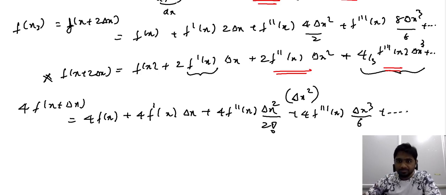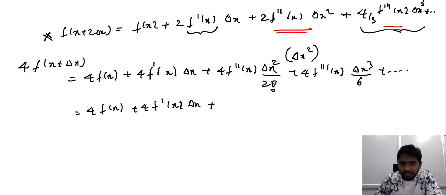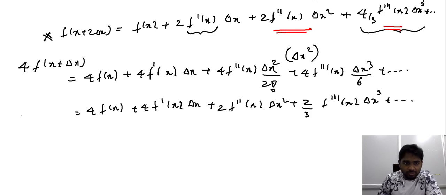Now we can write this as 4 f of x plus 4 f prime of x delta x plus 2 f double prime of x delta x square, and this term would be 2 by 3 f triple prime of x delta x cube, and so on. So we have 4 f of x plus delta x, and we have f of x plus 2 delta x.